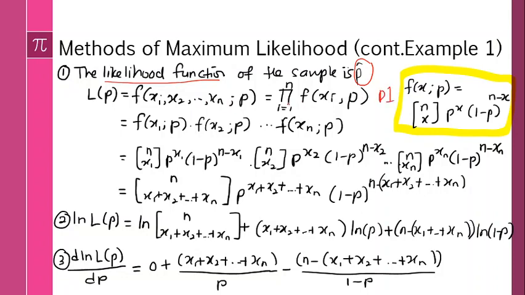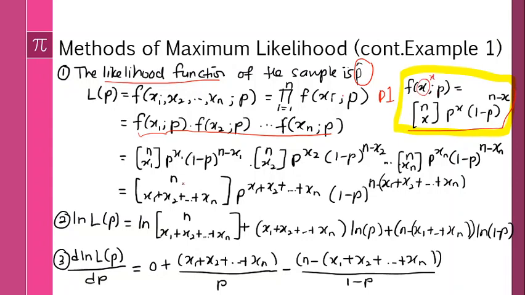This is equal to the multiplication of the function of xi with parameter p. If we expand this, you'll get this. As you all know, the function of a binomial with parameter p is equivalent to this one, for only one variable x.